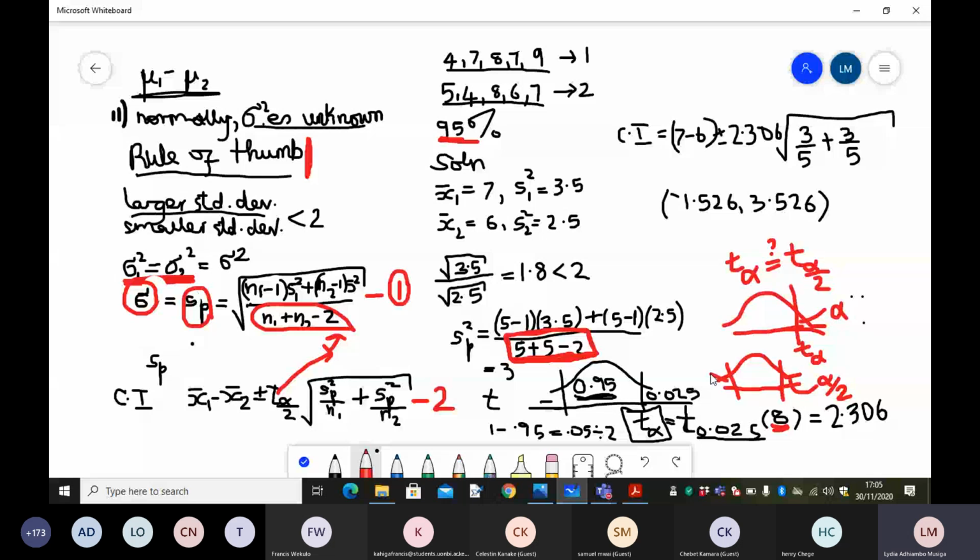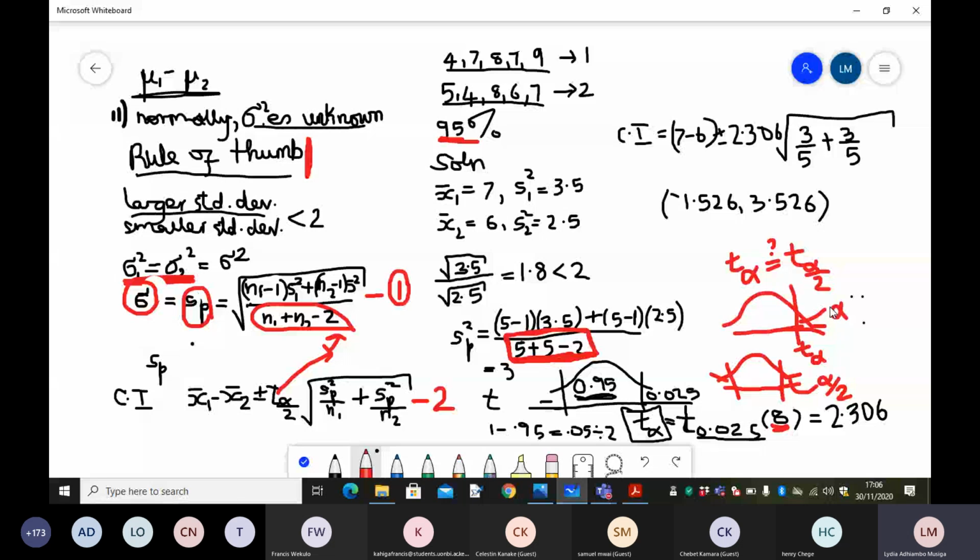Now, this student who has asked this question, I don't know whether you have already gone ahead of us and you're looking at significance tests, because that could be what is making you ask the question. We shall do significance tests after the next subtopic.